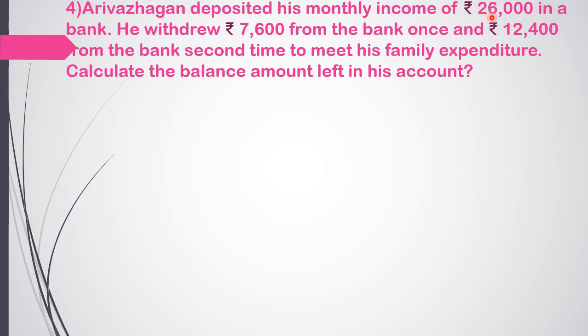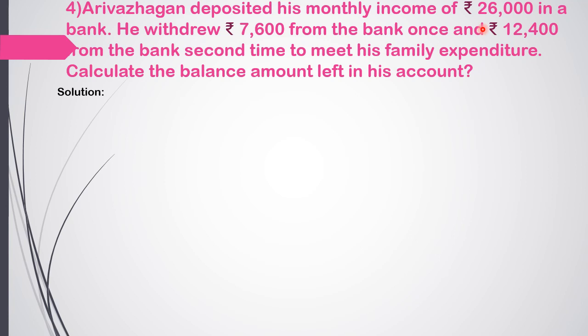The second method is to subtract the 7,600 from the monthly income, find the balance, and then from the balance subtract the second withdrawal amount. Now we are going to do it in the second method because we are learning subtraction, isn't it? So we are going to do it in this method.